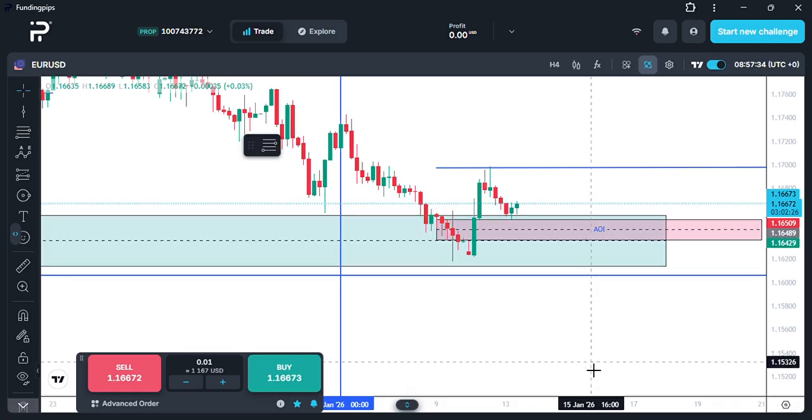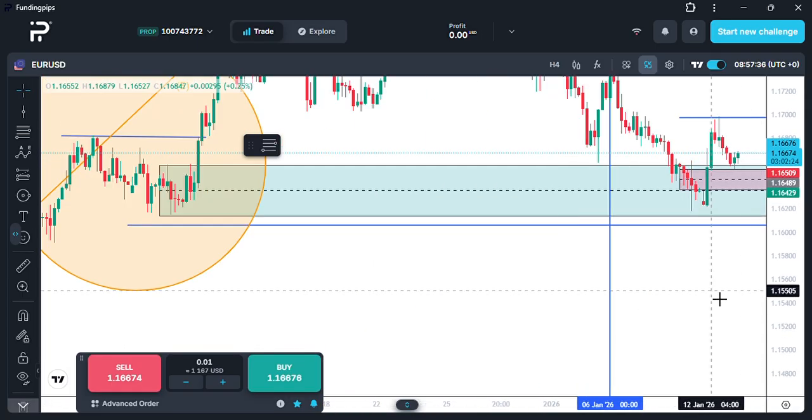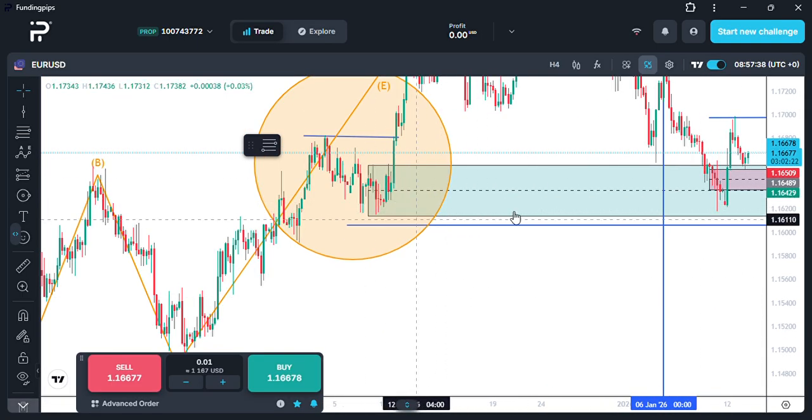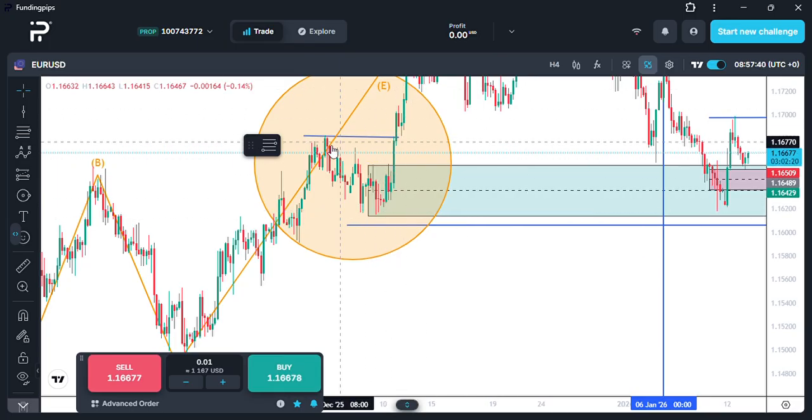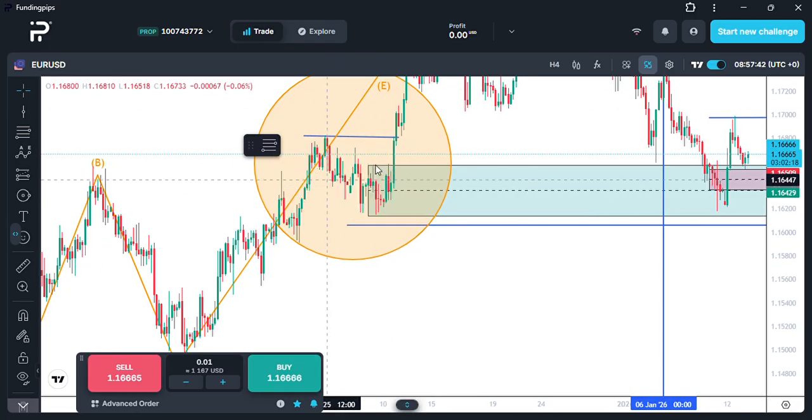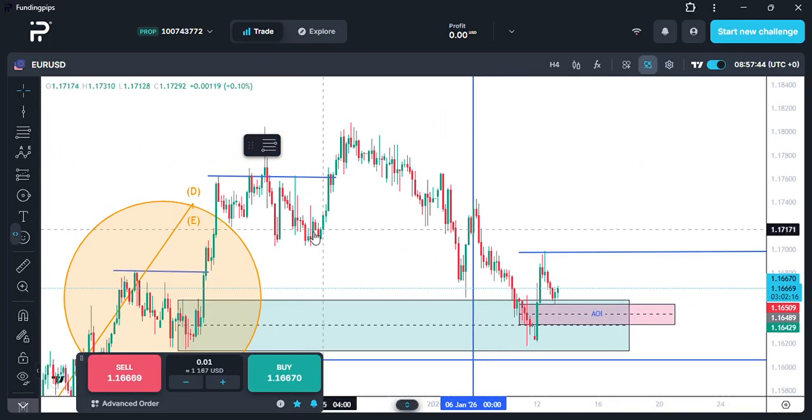I'll take a zoom. If you look at where this market is reacting, you see there was an impulsive move that broke out after this choppy movement, and we got here too. We got this and we break out around here.